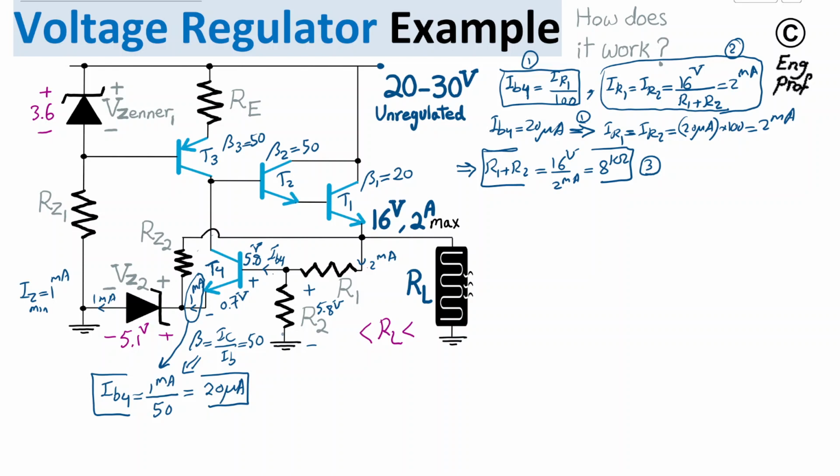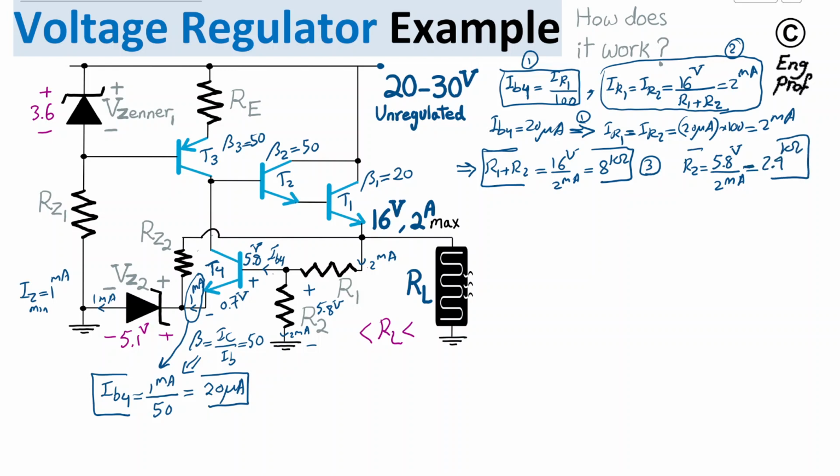Therefore I can easily find R2: the 5.8 volt drop divided by 2 milliamp equals 2.9 kilo ohm.